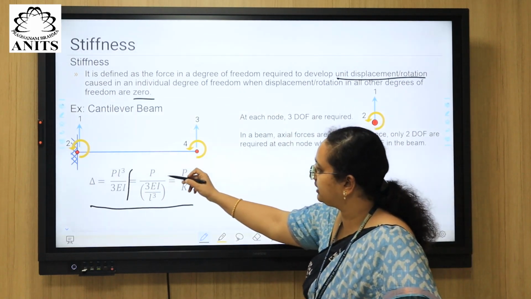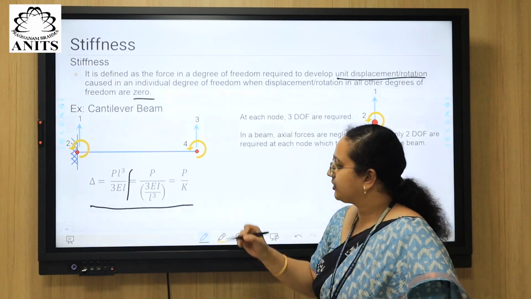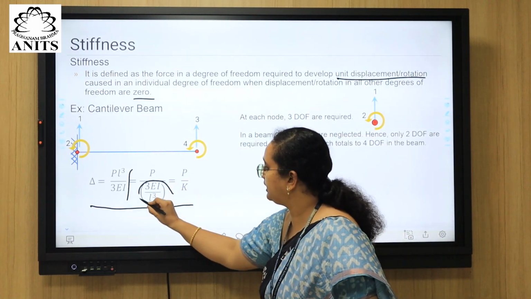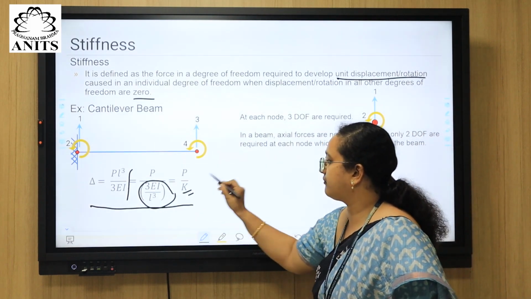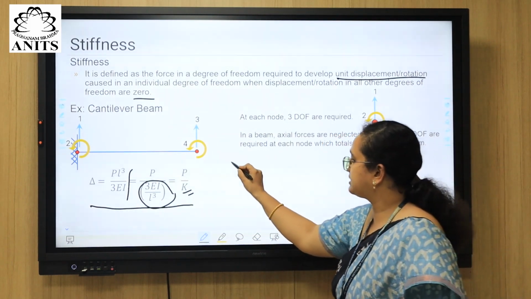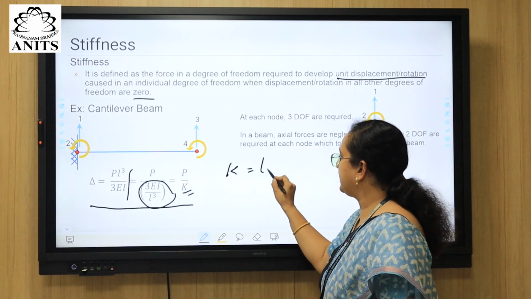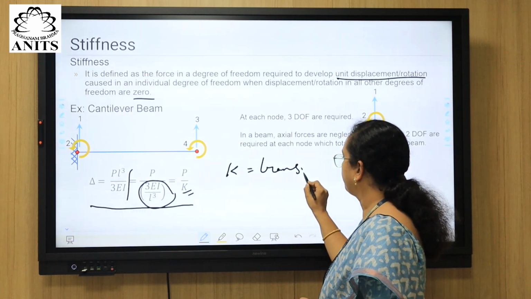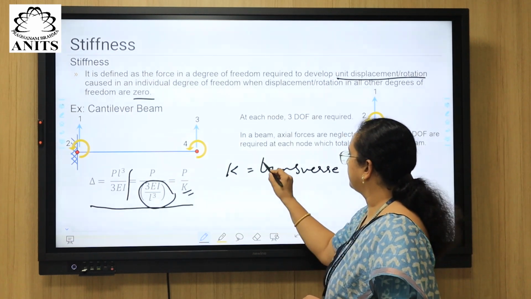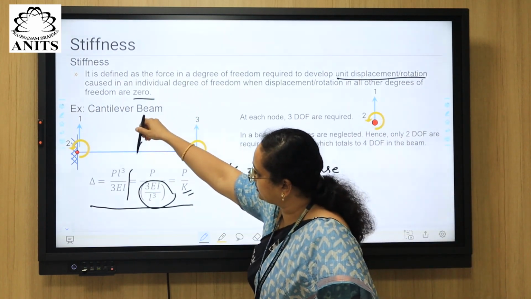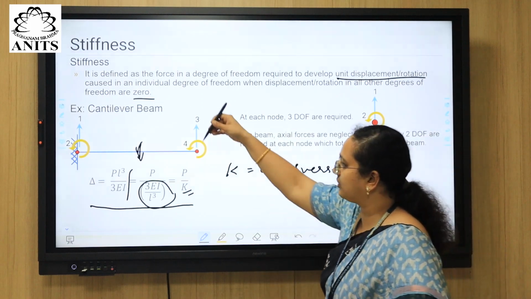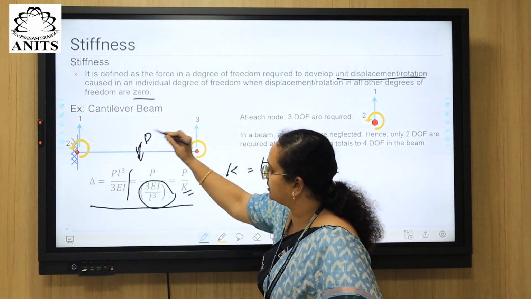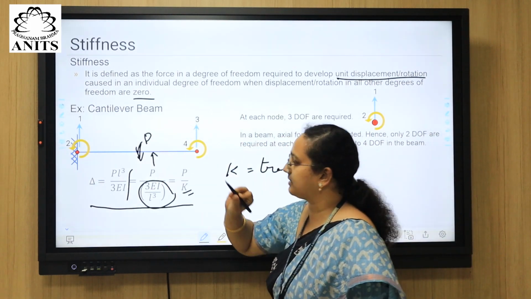Now, PL cube by 3EI I can rewrite like this. So this term 3EI by L cube is nothing but the stiffness of a member, but this stiffness K is in the transverse direction. That means in this direction, because all our loads that are coming are in this direction and the resistance that is coming is something here.